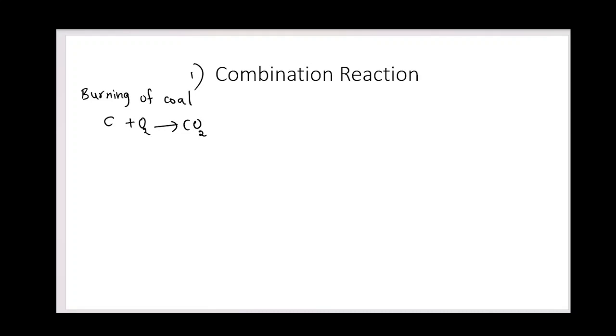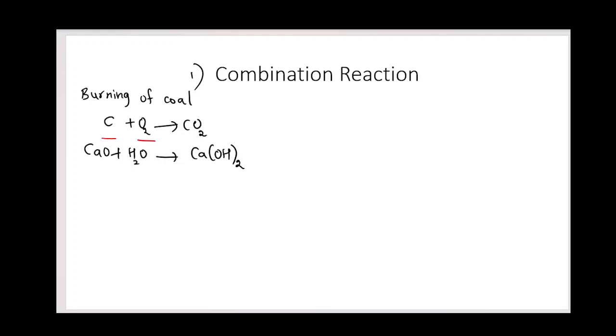This is an example of a combination reaction, and in the previous reaction you also studied calcium oxide plus water gives rise to calcium hydroxide, isn't it? See both reactions: in both, two or more reactants react to give a single product. Reactant means what? Those which are reacting with each other, isn't it?